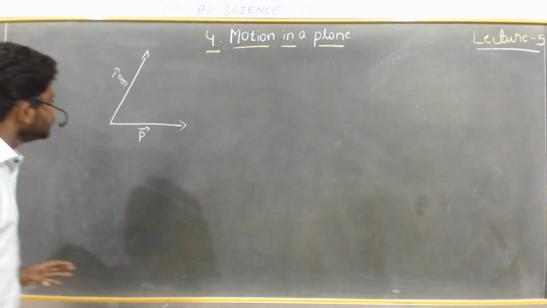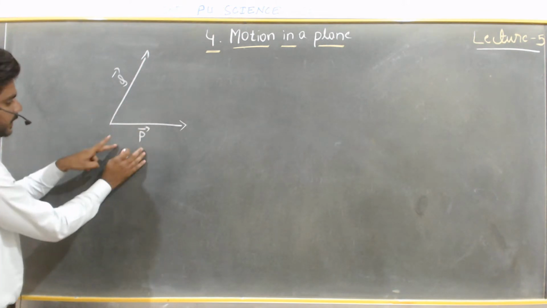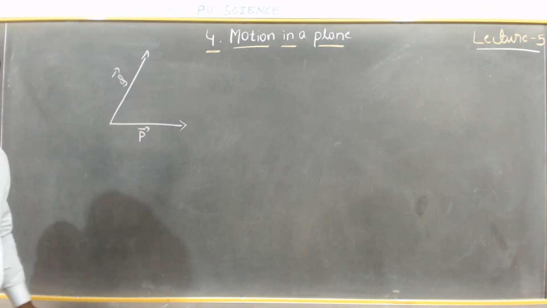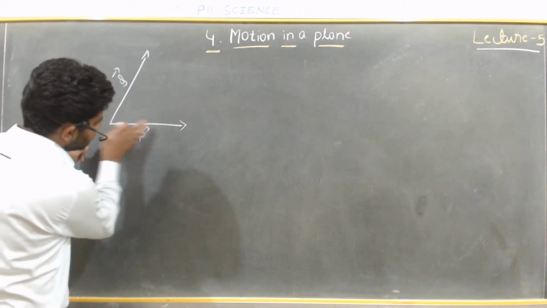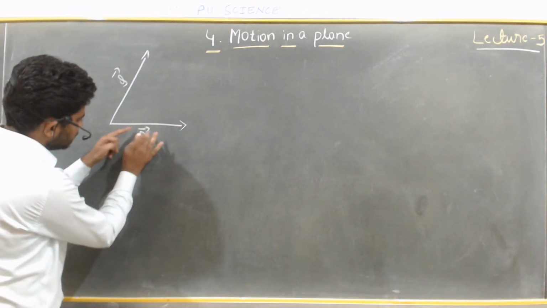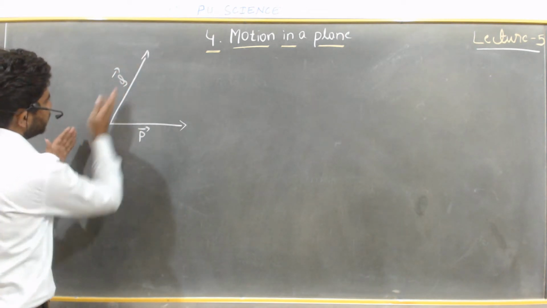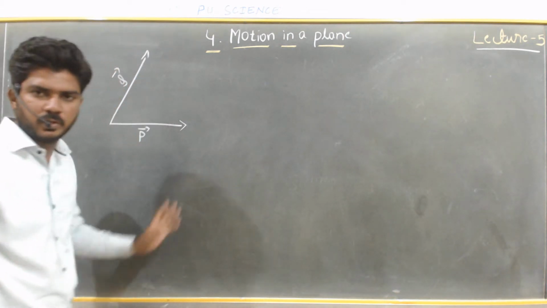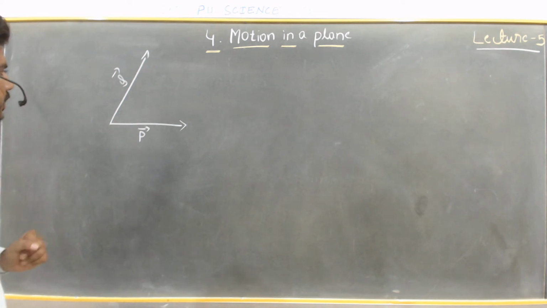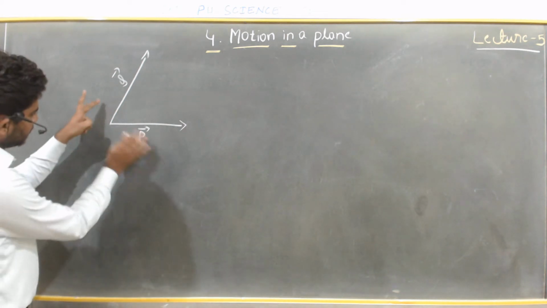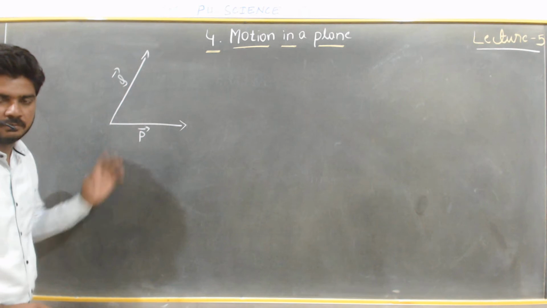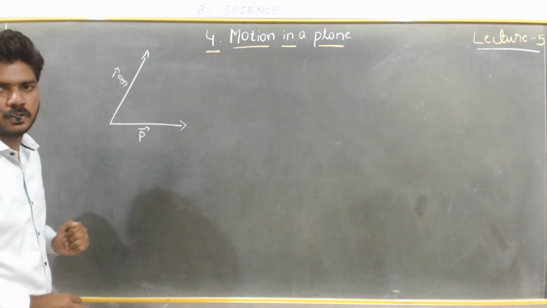Now we have taken two vectors, p and q, and represented the direction of p in this direction with magnitude p, and the vector q in this direction with magnitude q. Now the resultant of these two vectors will be the diagonal of the parallelogram.